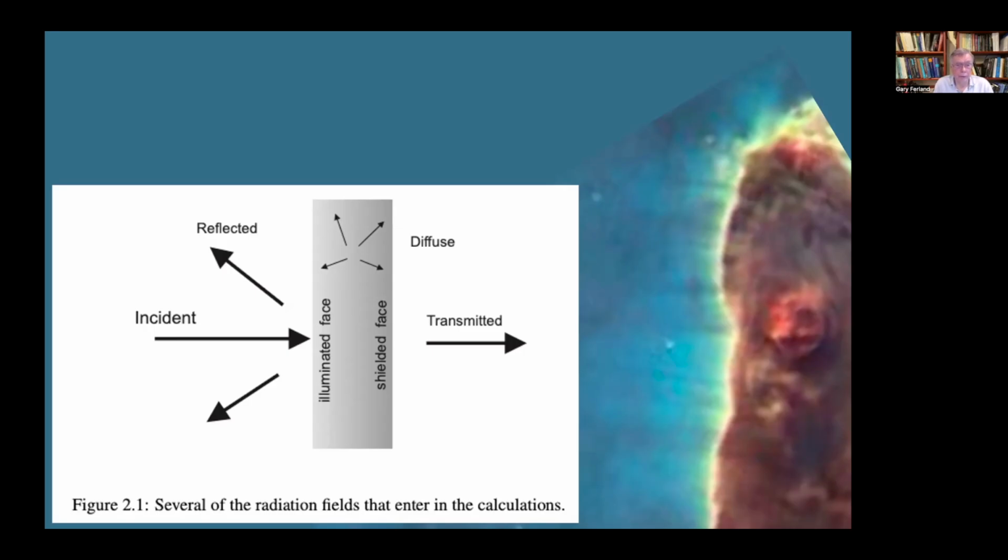So the full incident radiation field strikes the illuminated face, and that's transmitted through. The shielded face is the far side of the cloud, which is basically in the shadow from the starlight, and will tend to be darker, colder, and more atomic. The diffuse radiation field is the radiation field, nearly isotropic, produced by atomic gases in the cloud.